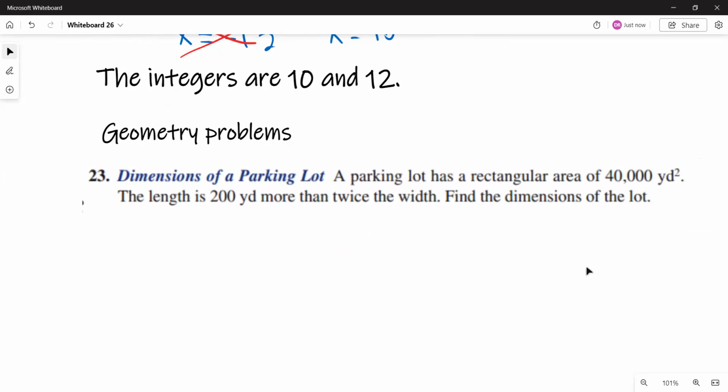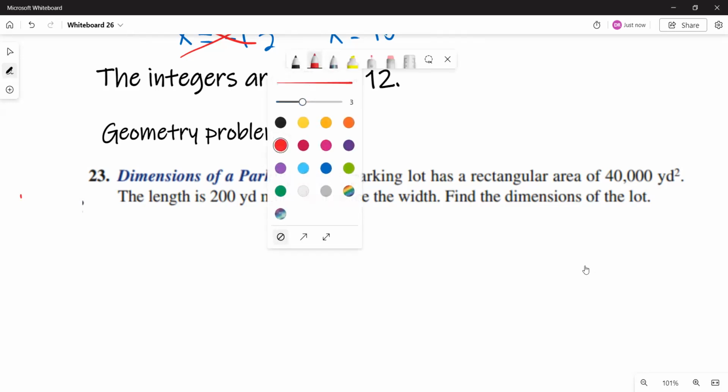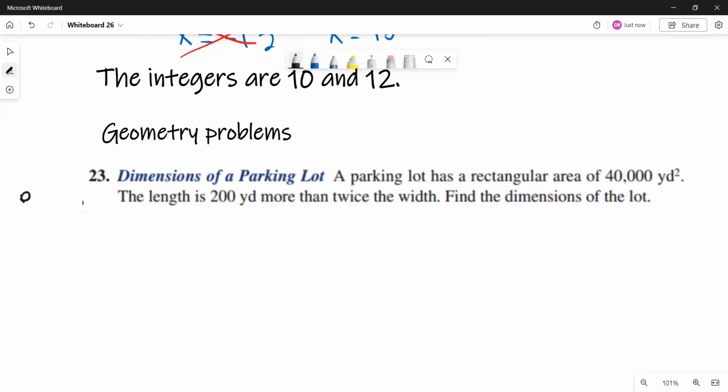Okay, a parking lot has a rectangular area of 40,000 square yards. The length is 200 yards more than twice the width. Find the dimensions of the lot.